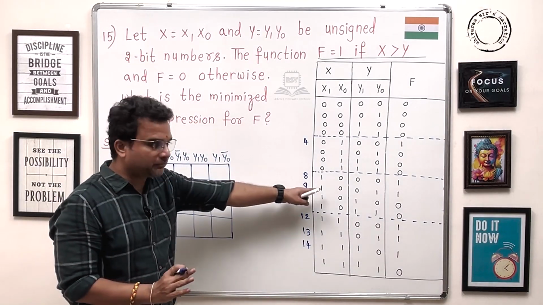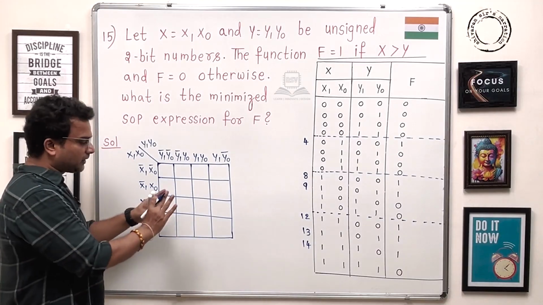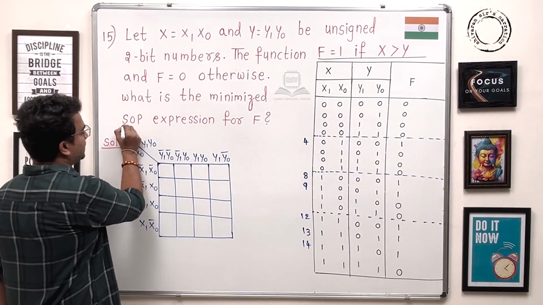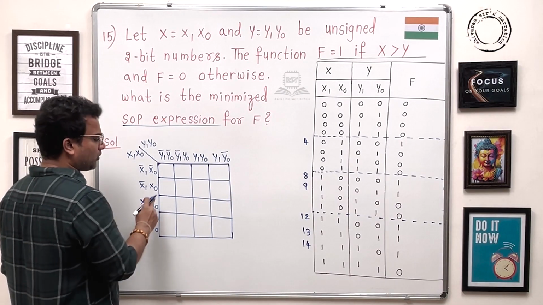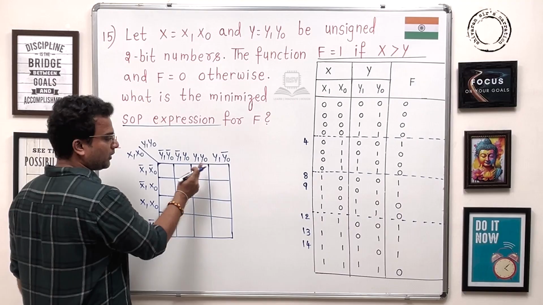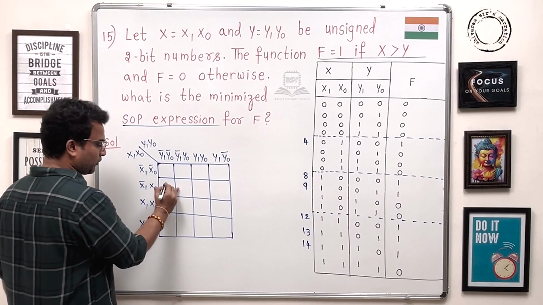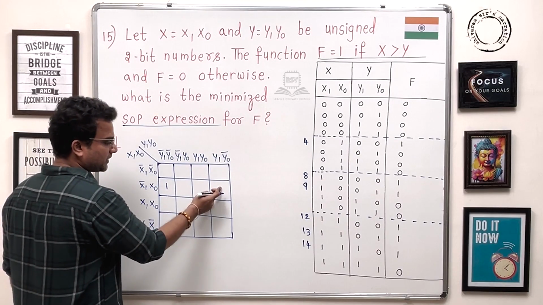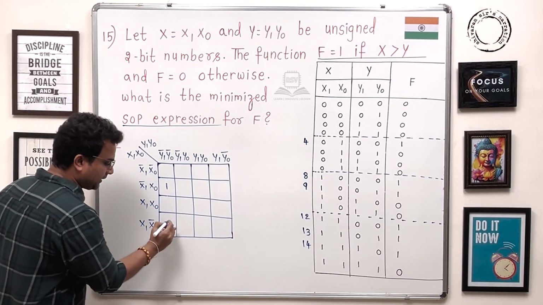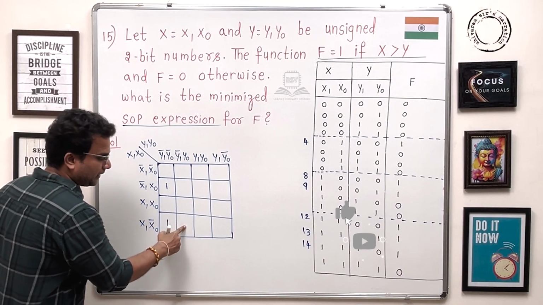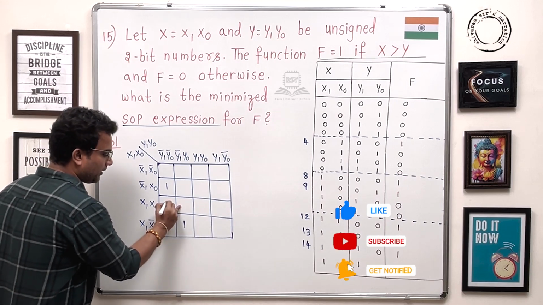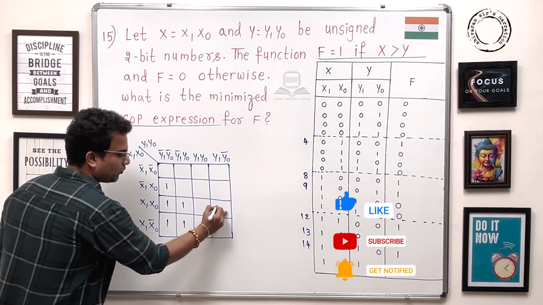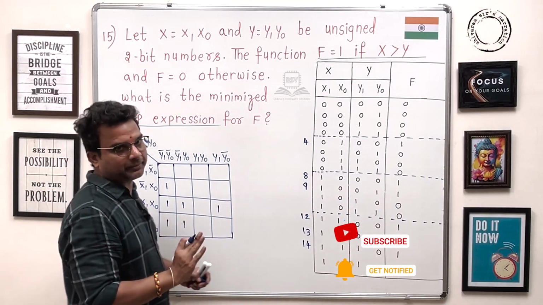Hence, we map them into the SOP like a K-map, because we are expecting an SOP expression. If you map them directly, you know guys, this is 0, 1, 2, 3, this is 4, 5, 6, 7, 8, 9, 10, 11, 12, 13, 14. So we mapped.